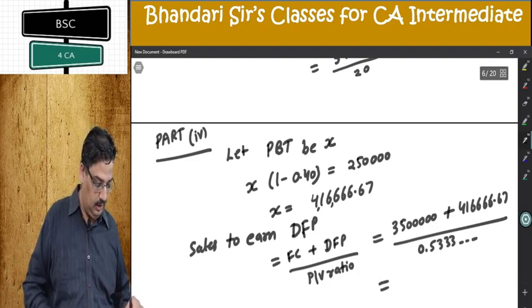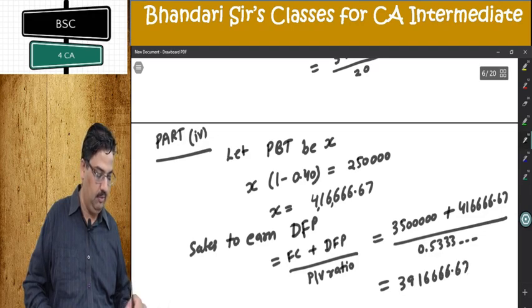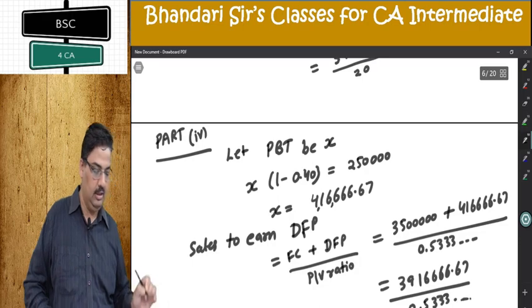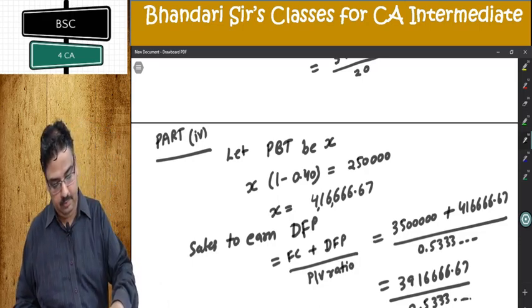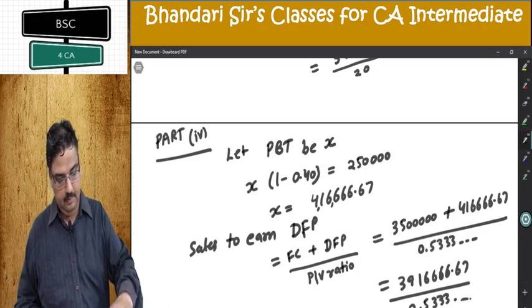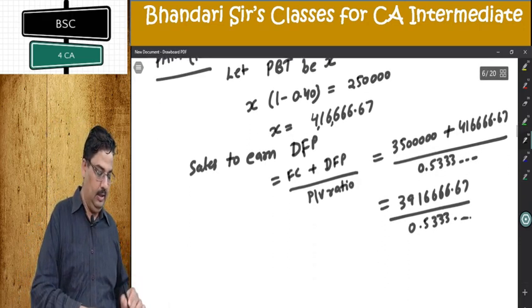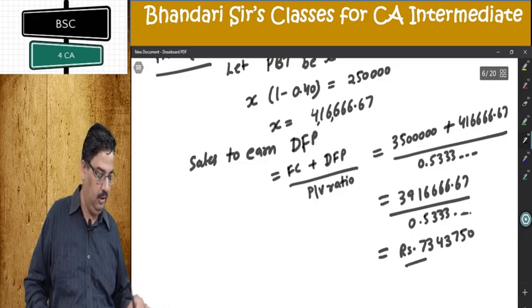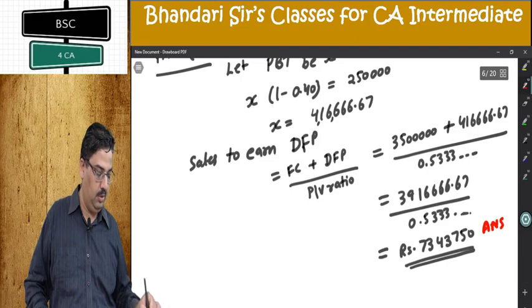Numerator I am getting is 39,16,666.67 divided by 0.5333. What I am getting is rupees 73,43,750. That is the answer of this part.